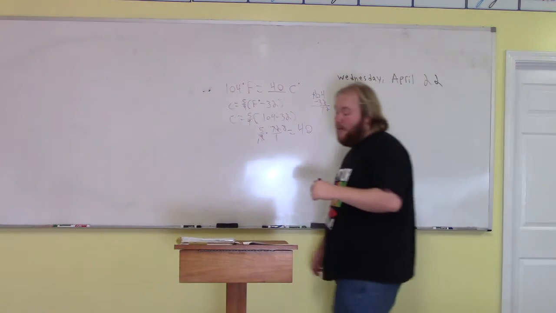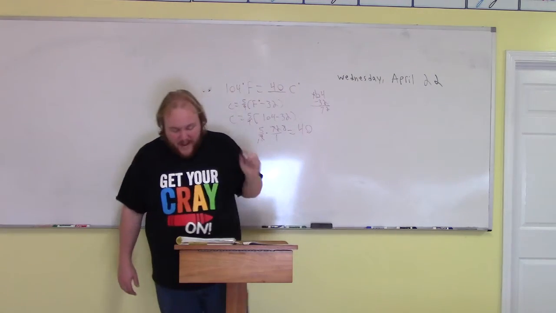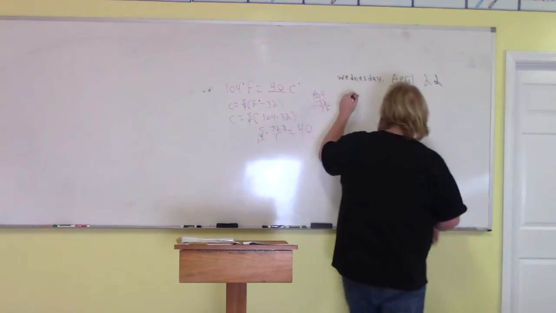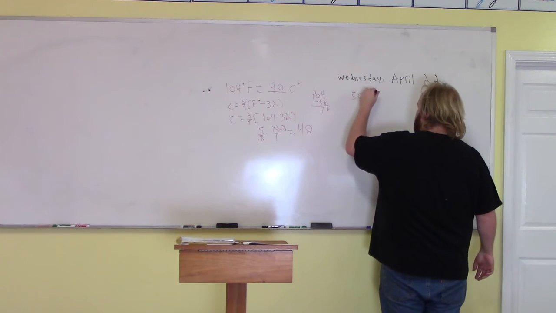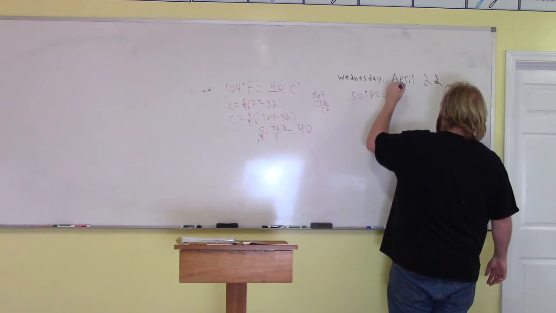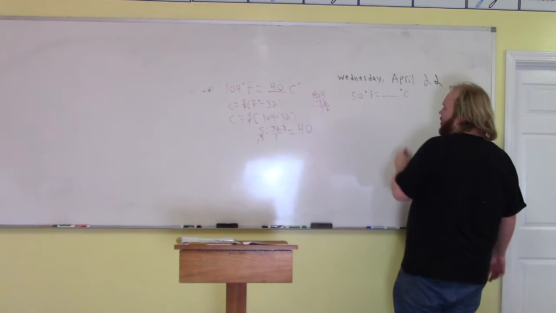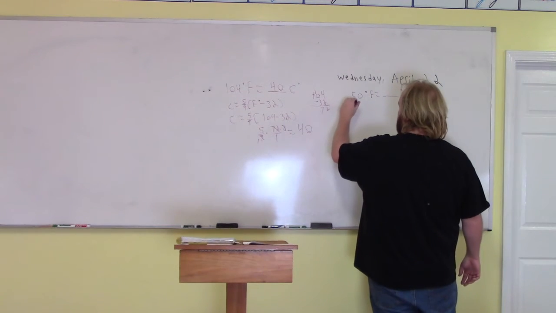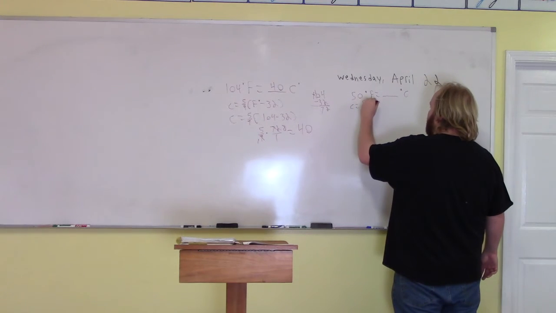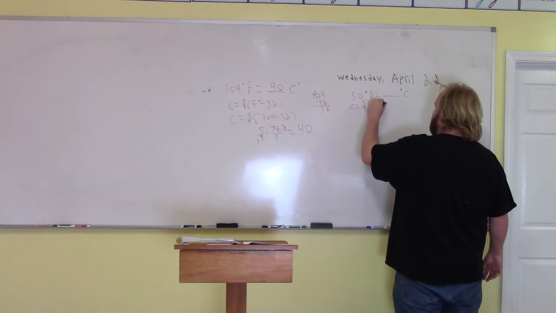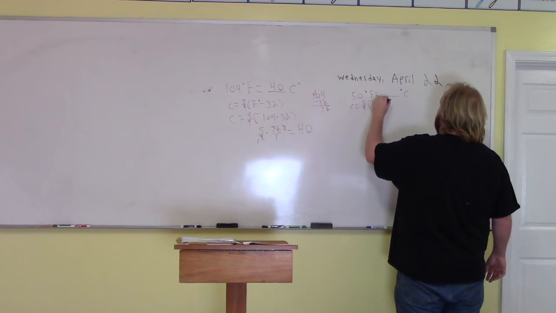Let's work another one. Let's do B. So 50 degrees Fahrenheit equals how many degrees Celsius? Let's work our formula. Celsius equals 5/9 times whatever Fahrenheit is minus 32 degrees.